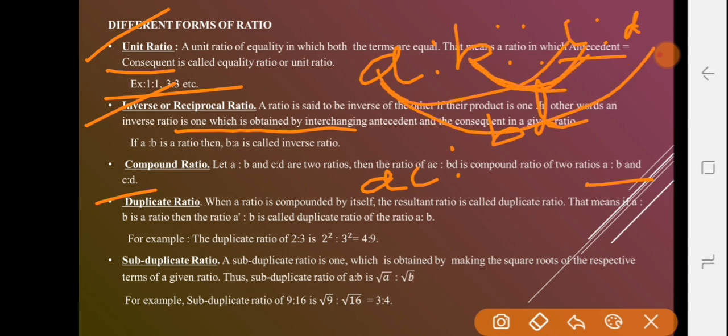We are considering the first and third, second and fourth. That means we are compounding the first and third, and the second and fourth. That is compound ratio.